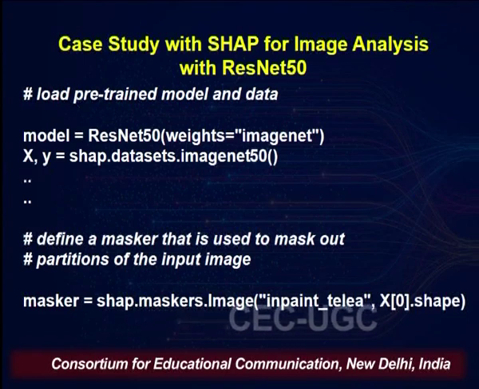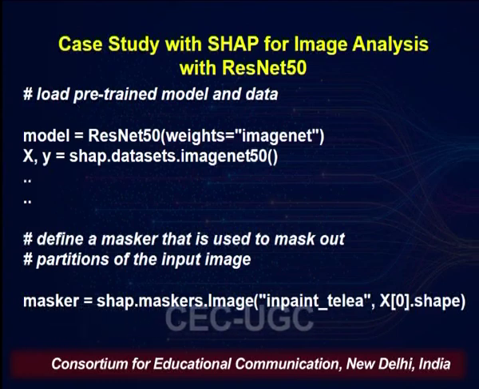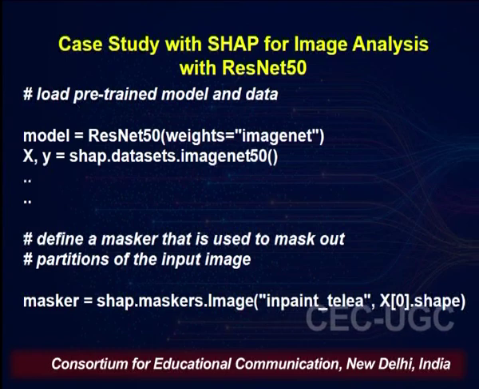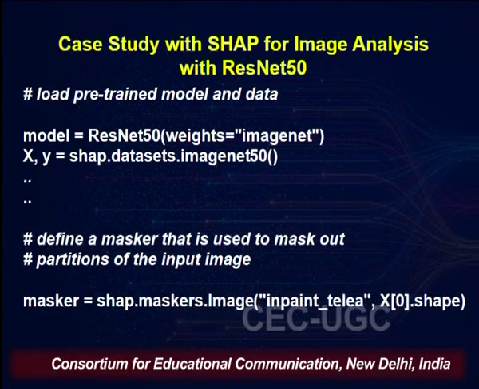Next is the image data set. We have seen the numeric data set and the text data set, now the image data set. For the image data set, there can be image input. Again, in this case we are using inbuilt data sets from the SHAP library.